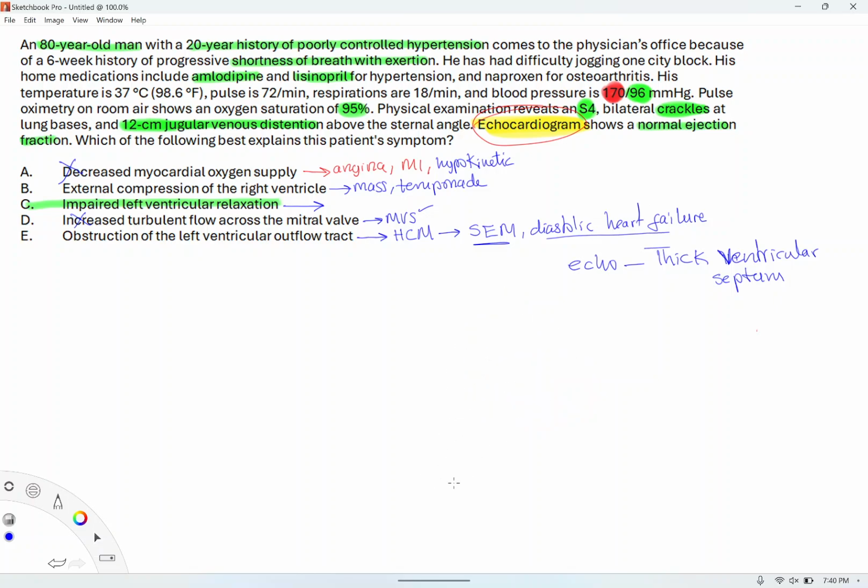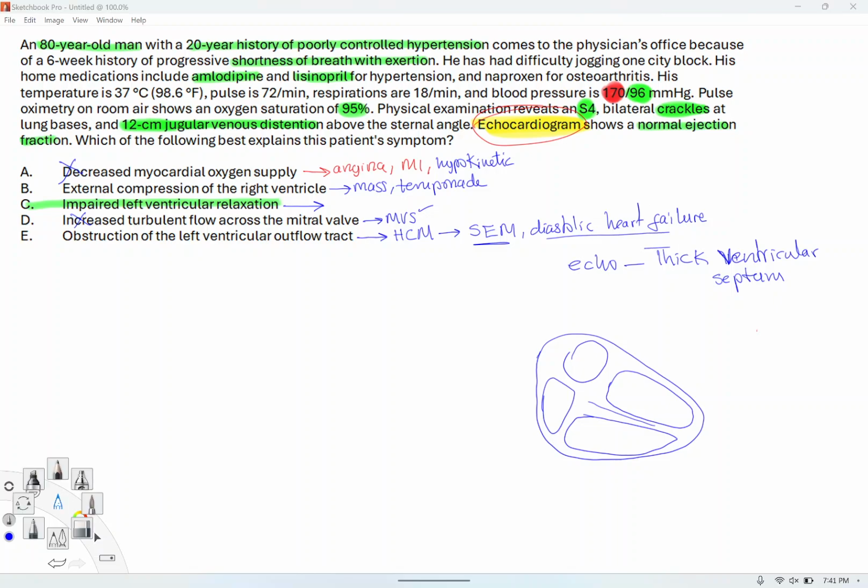Okay. So this is the heart. So left ventricle and right ventricle, the two atria. Okay. So this area is the septum, right? Guess what? In this case, the septum becomes so thick.